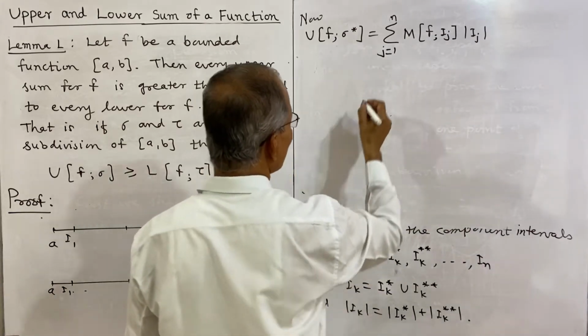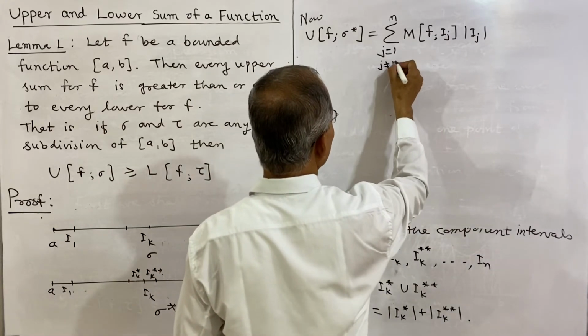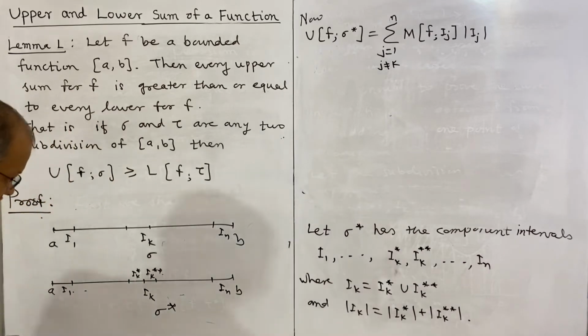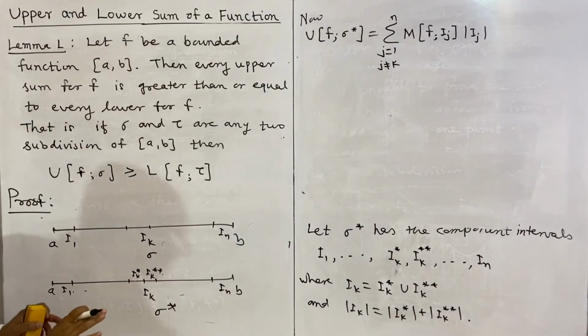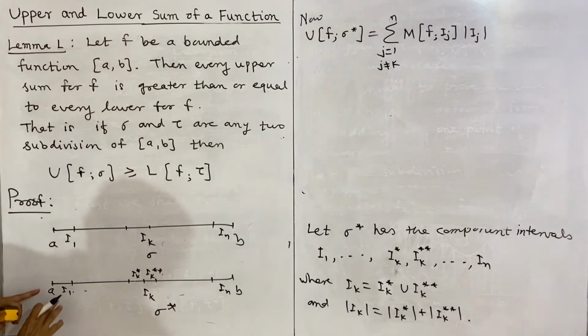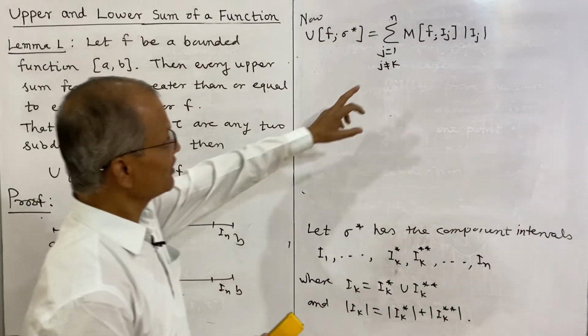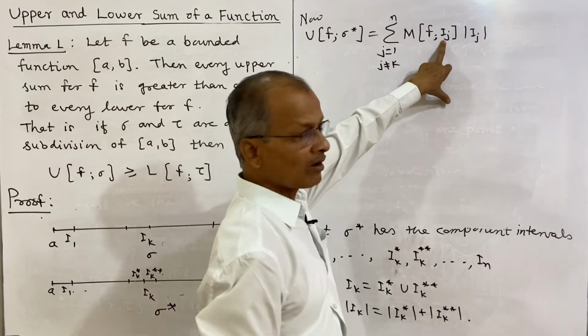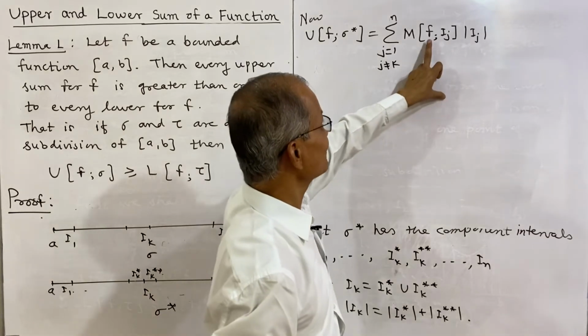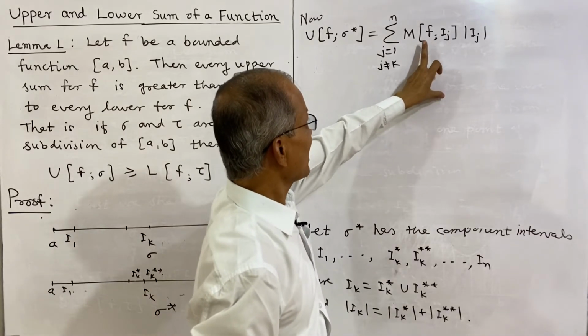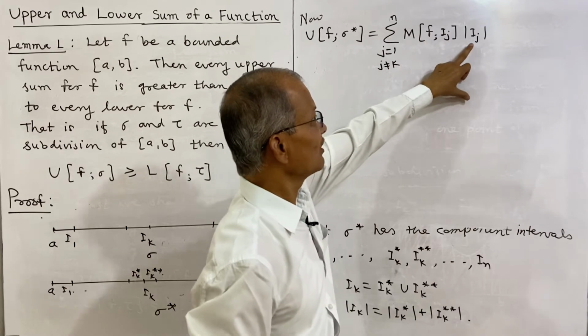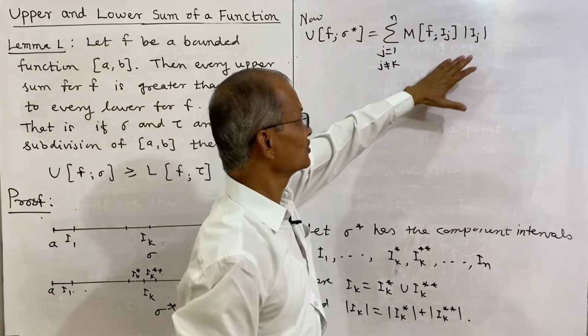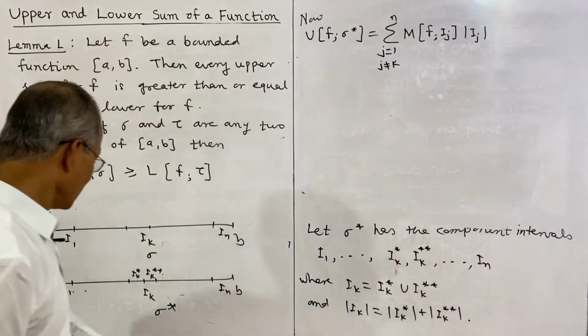But we will delete here j equal to k, because we don't consider it here and will write it separately. So this means summation from 1 to n: maximum value of f on I1 into length of I1, maximum value of f on I2 into length of I2, and so on. So why have we not considered k?